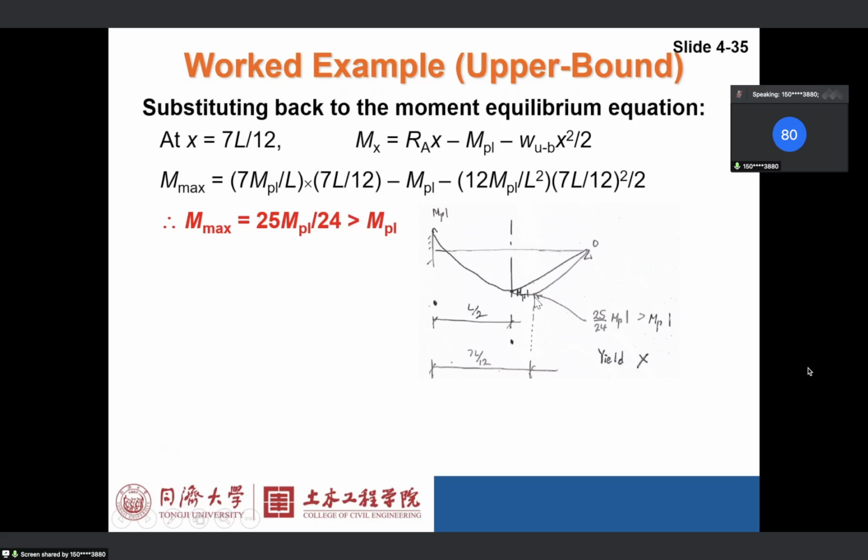The location x is 7L over 12, and based on the equilibrium, the maximum bending moment is 25 MPL over 24. Because we know the shape of the bending moment diagram, what we need to do is get the location of the maximum bending moment, and then get the value of the maximum bending moment.